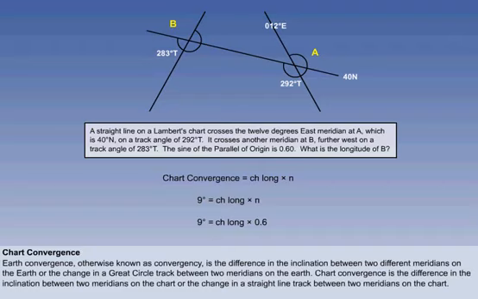And the question has told us that little n is 0.6. So the change of longitude is 9 divided by 0.6. This is 15 degrees. So if A was at 12 east and B is 15 degrees further west, it must be at 003 degrees west.